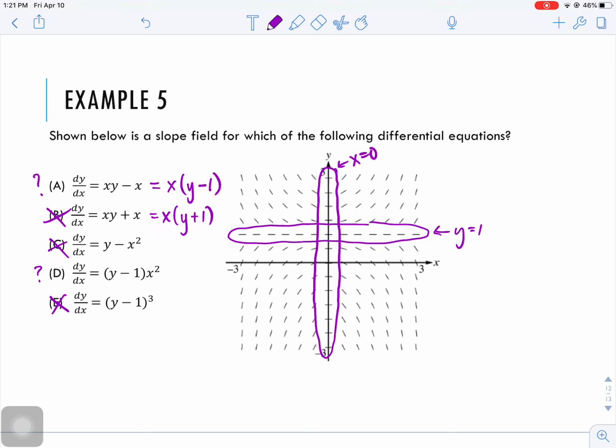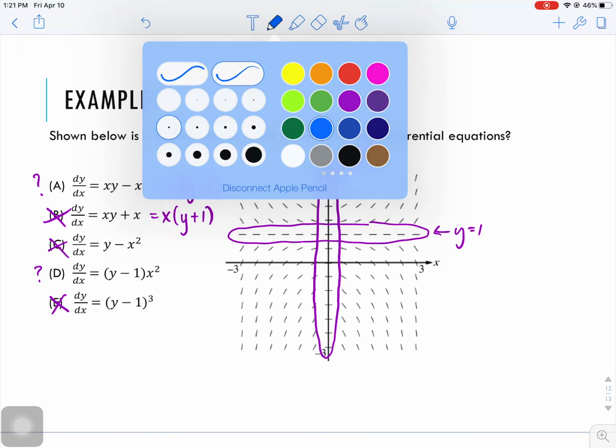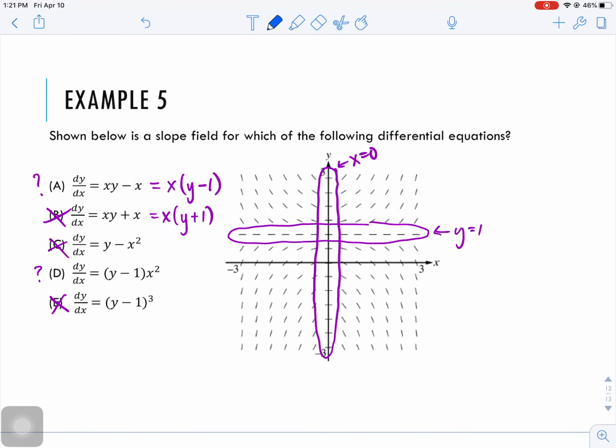And there's all sorts of other strategies you could use. One way is just to start picking some other points. So I'm just going to cut to the chase. Let's say I pick this point right here. That is the point, what is that, -1, 2, I believe.